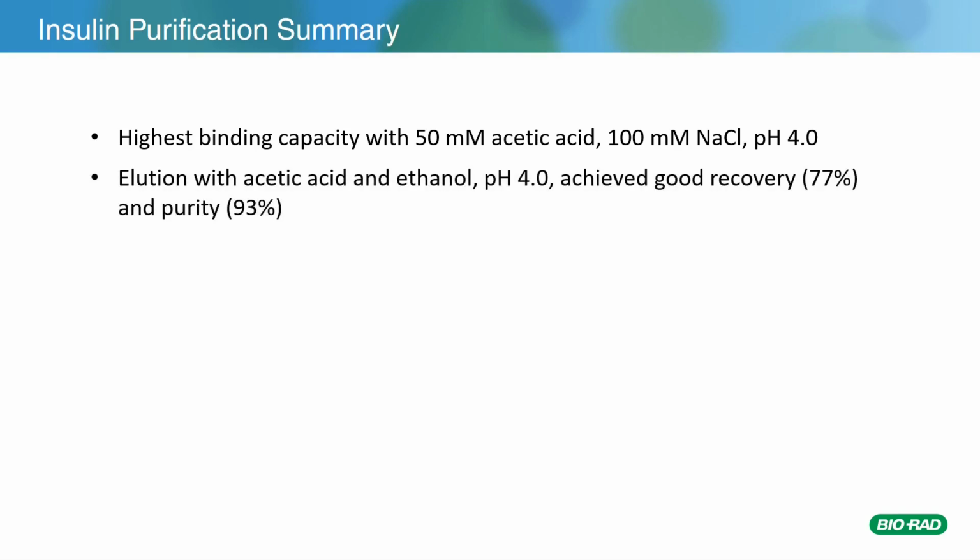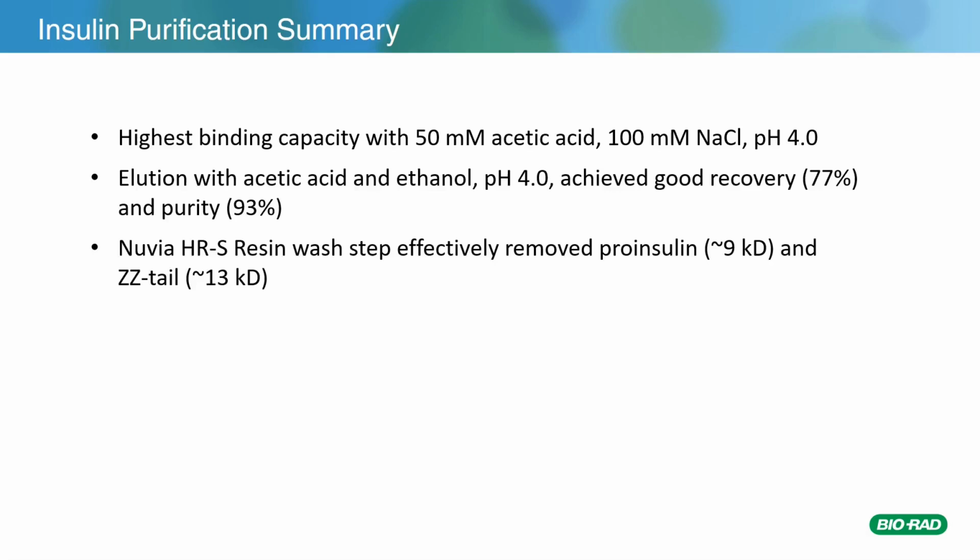And elution with acetic acid and ethanol at pH 4 achieved good recovery, 77%, and excellent purity, 93%. And the Nuvia HRS does a really good job at removing closely related molecular weight contaminants. Proinsulin is about 9 kilodaltons, and the ZZ tail is about 13 kilodaltons.